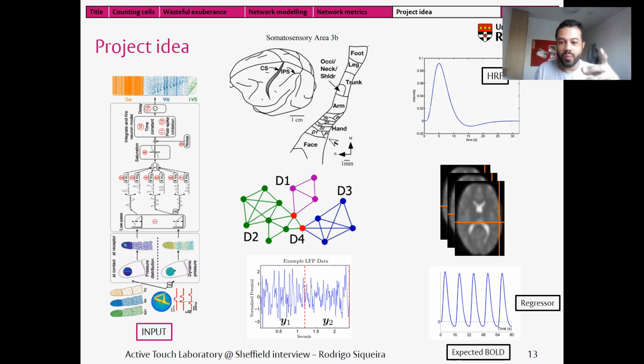Of course, it depends on the protocol of the fMRI and what you're looking for, but we can simulate it. And after we apply different sorts of learning rules and inputs to this network, we can see how these communities change in size. And this change in size and importance of these nodes can be seen on a BOLD signal too. You can see the variation in the sizes of the regions on an fMRI, on a BOLD signal. So that's what I think about the project.